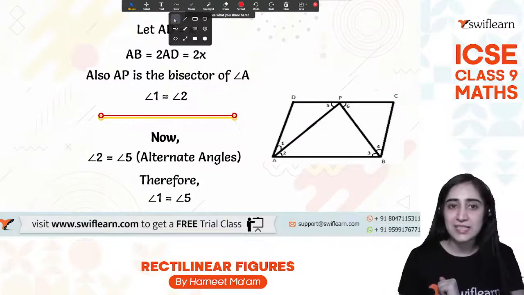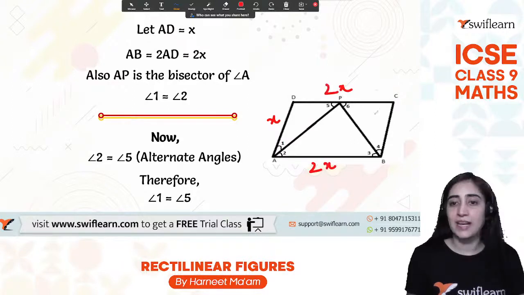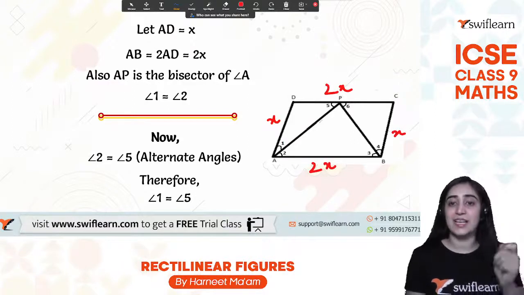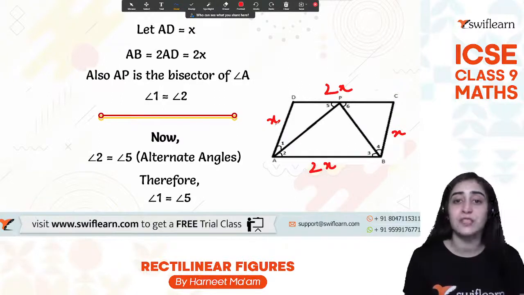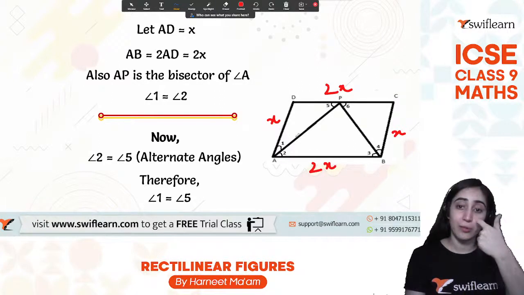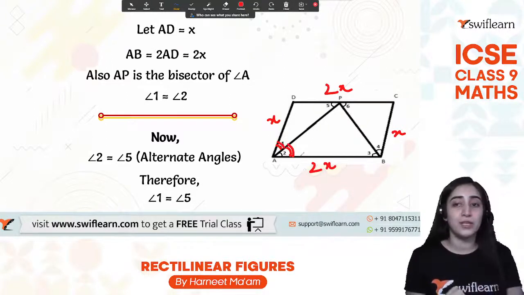All right, so as I said, if AD is x, then this becomes 2x, this is 2x, and this is x. AB is twice of this, so if this is x, then this is 2x. And it is given that angle 1 is equal to angle 2.